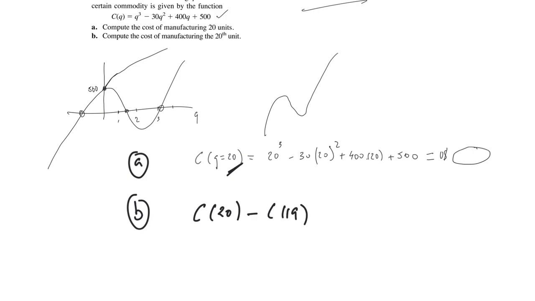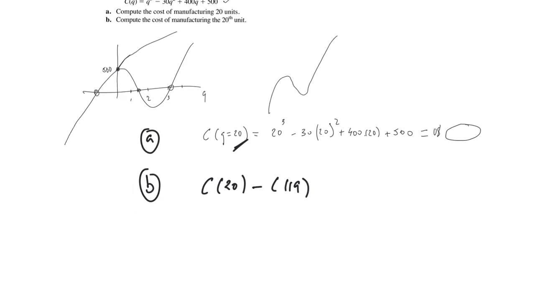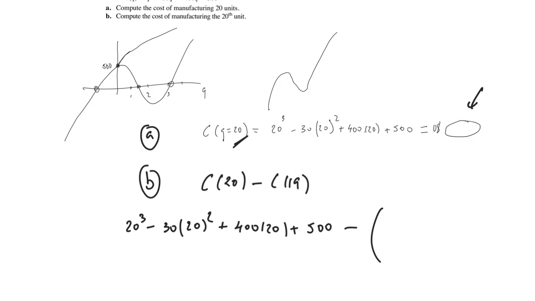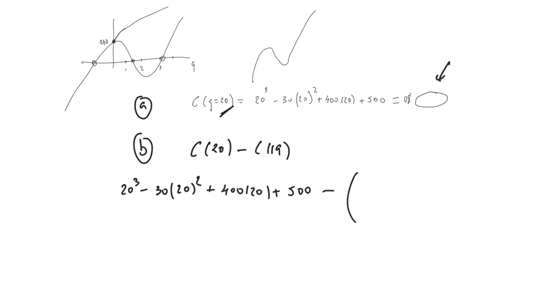So you do this algebra: C of 20 is known, and now you subtract 20 cubed minus 30 times 20 squared plus 400 times 20 plus 500 minus, now minus what? Minus C of 19, the cost of producing 19 cars.